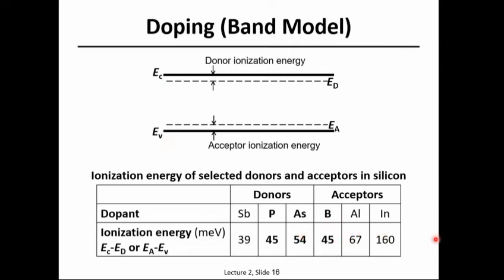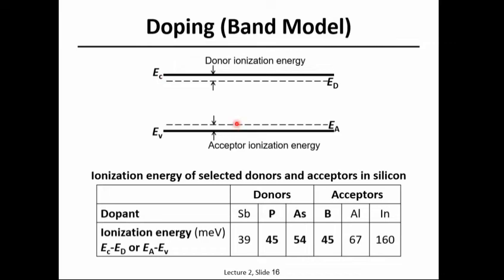You will see all the values of ionization energy given to you in terms of milli electron volts. The purpose here is just to understand that if I have a donor, it will give electrons from its atom and have an energy level sitting here, which can be calculated relative to EC.